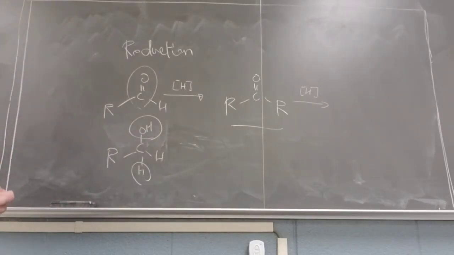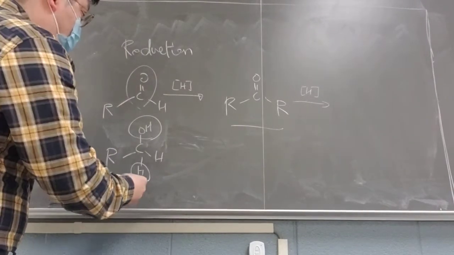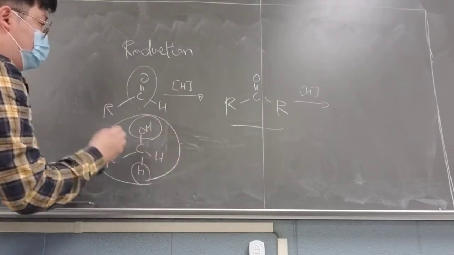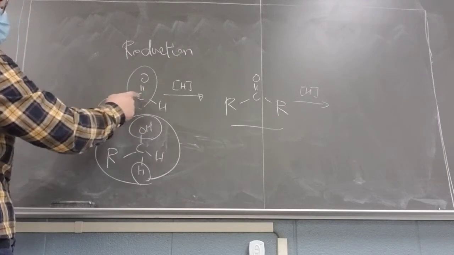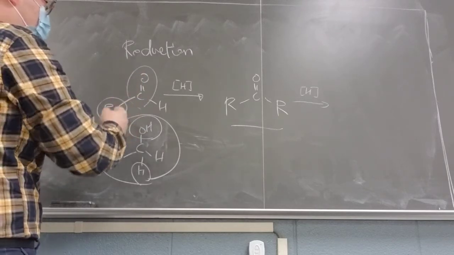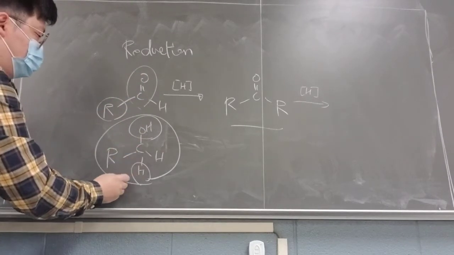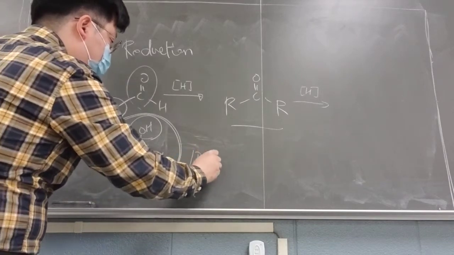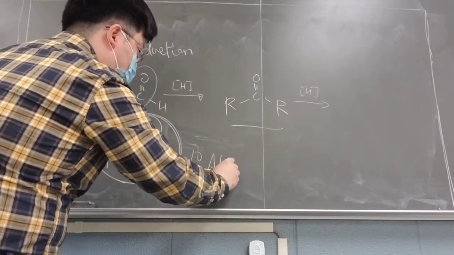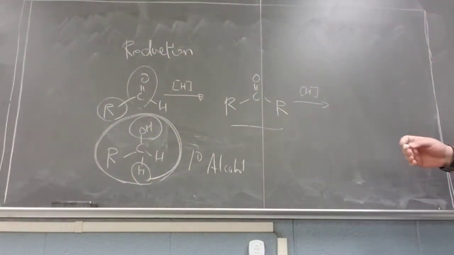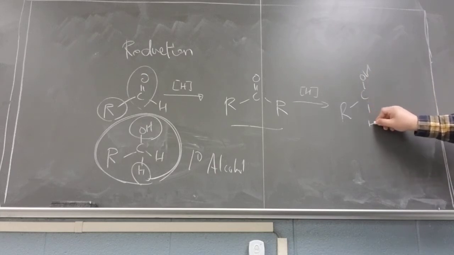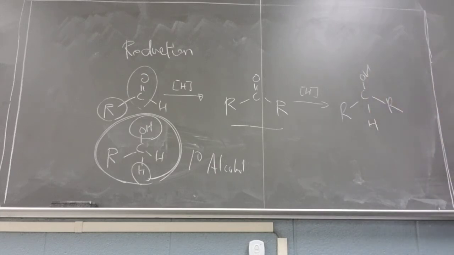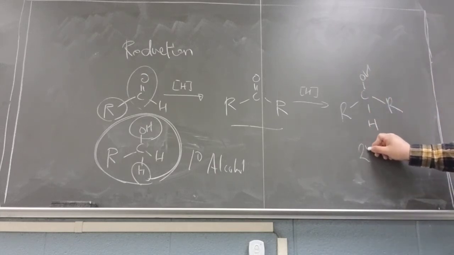This is another important thing. If you try to reduce the aldehyde, because you only have one R on this here, this will become a primary alcohol. Okay. But if you try to reduce the ketone, it will become a secondary alcohol.